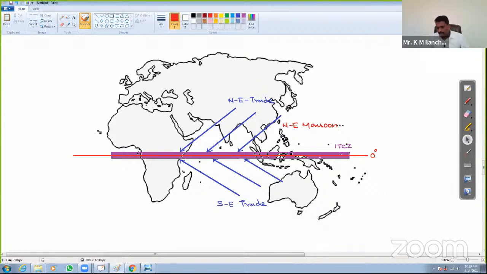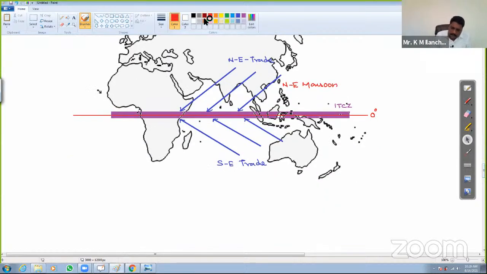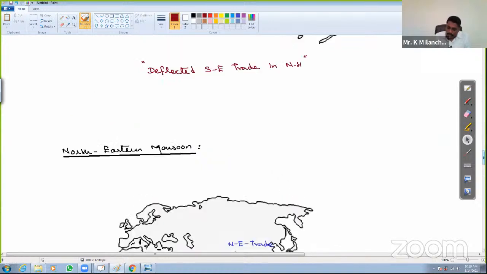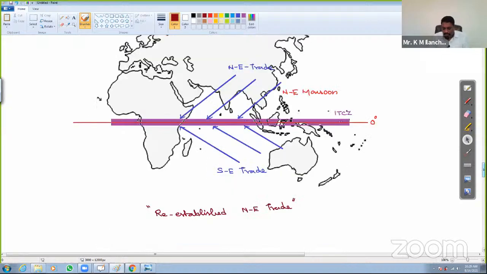Kindly take this one-liner. If you ask me what the northeastern monsoon is in one line: re-established trade winds, the northeastern trade over the Indian landmass, you call them the northeastern monsoon.